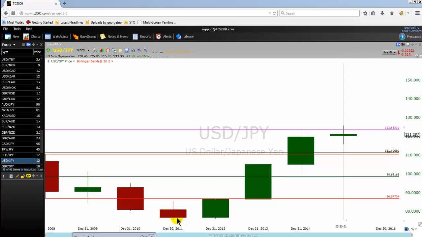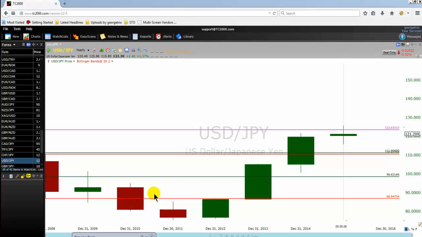If you are talking about the devaluation of the yen, it means that the interest rate in Japan is very low compared to other parts of the world.